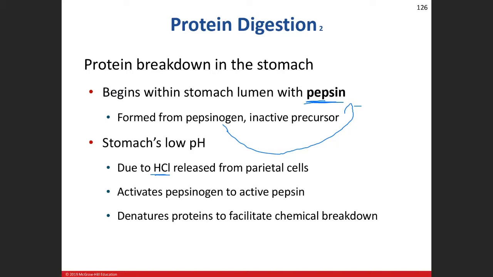So the stomach's low pH will help to activate the pepsin from the pepsinogen. And proteins can be big. Remember, I told you the minimum is 200 amino acids long. That's long. So we can start to physically break down those proteins just with hydrochloric acid because it causes denaturation of the proteins.